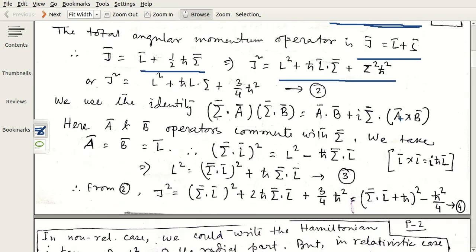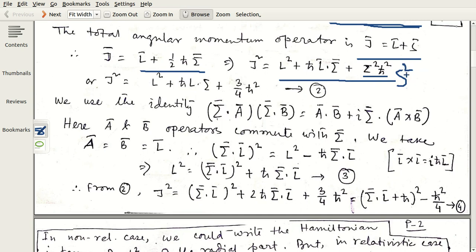Now, as we know, this sigma h cut corresponds to the spin operator. Actually, you can write it as L plus S. So J square equals L square plus S square plus 2 into L dot S, which will give us h cut L dot sigma. And here there would have been something like S square.